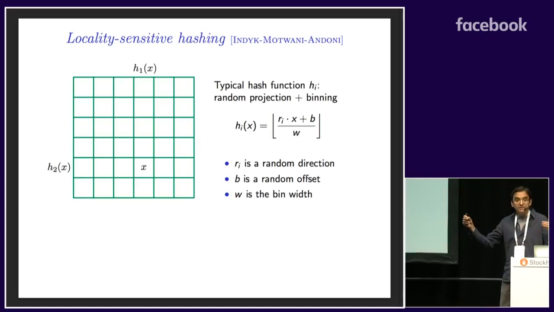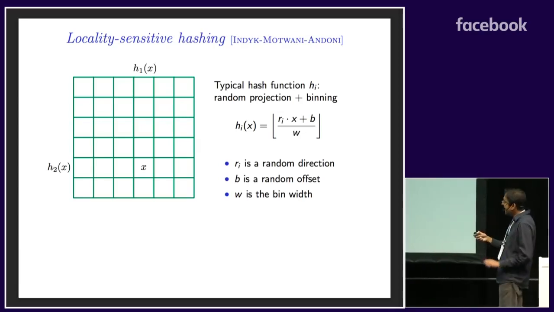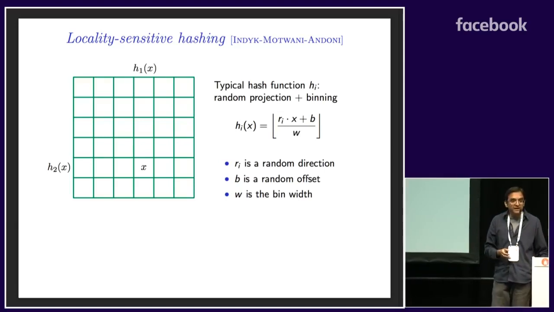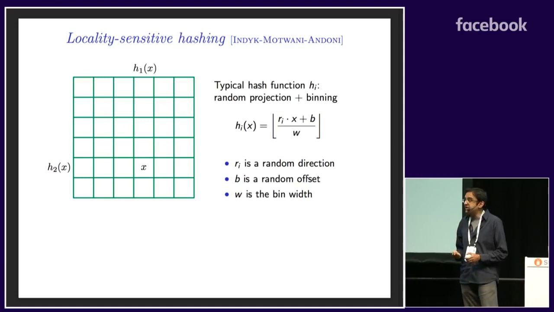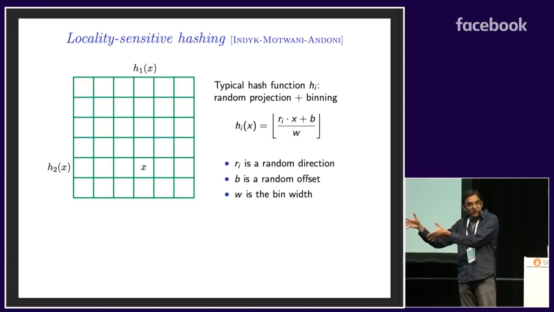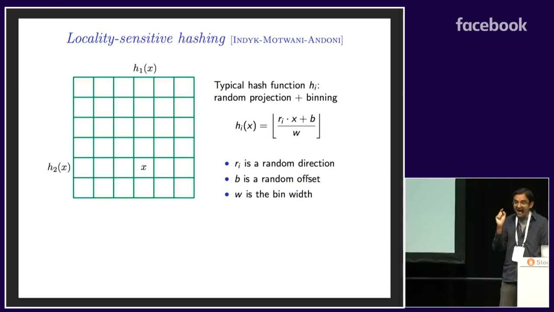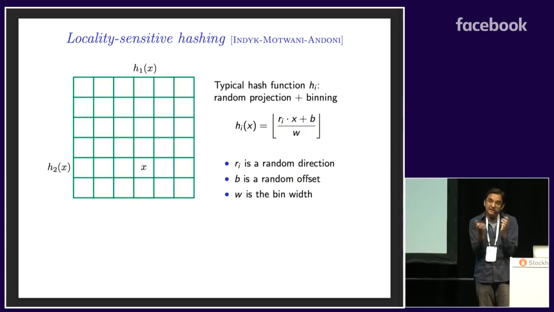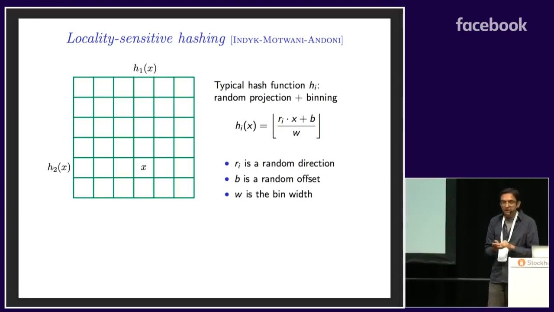So you compute a random linear function. Okay? So that gives you a real number. And then you take those real numbers and you divide them into bins of fixed width. And so each point maps to an integer. Did it fall into bin number 1? Did it fall into bin number 2? Did it fall into bin number 3? So a point gets hashed to an integer, and points that are really close together are likely to map to the same integer. So that's one hash function, but then you do it multiple times.